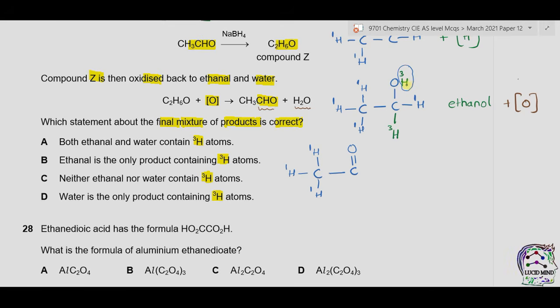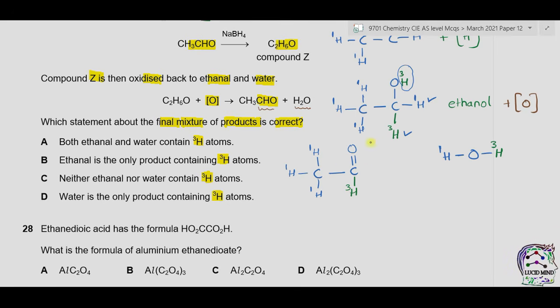Now along with this hydrogen atom, another hydrogen atom could be this one or this one, as both are equivalent, so any one can form water. If this hydrogen atom is removed along with this one, then the product will be like this. We have H1, then we have oxygen, and then we have H3. So the aldehyde would have this hydrogen left.